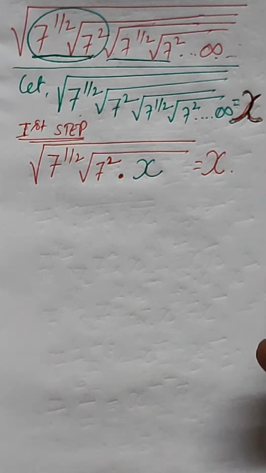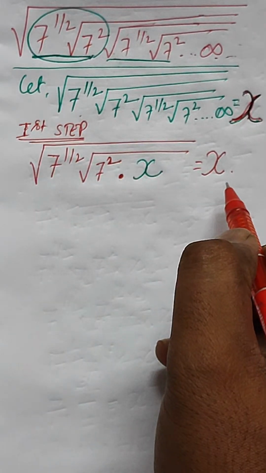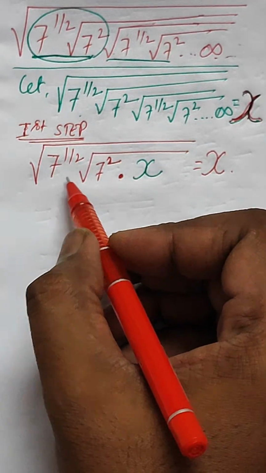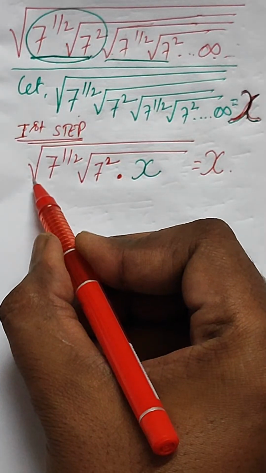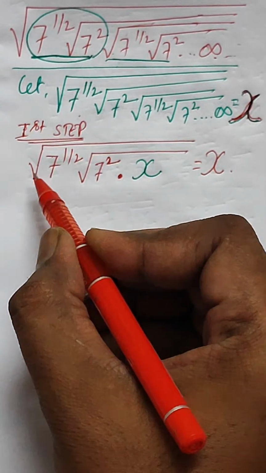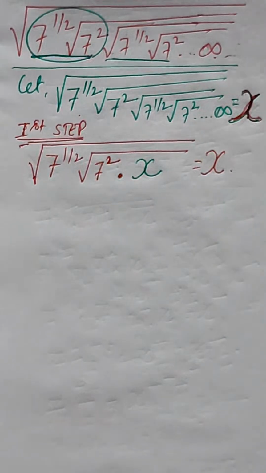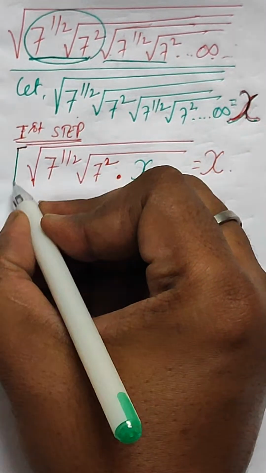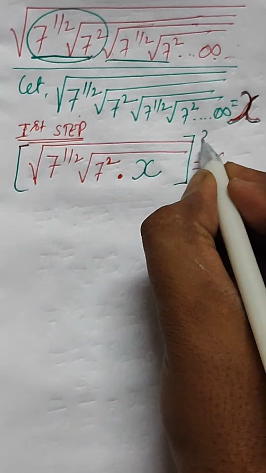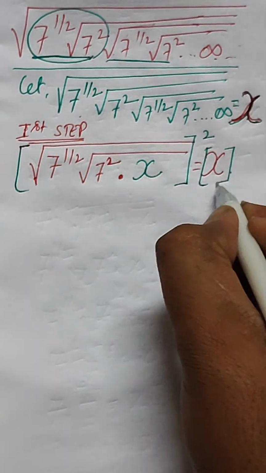Now we will solve this. Here you can see this root, start solving and start eliminating this root. First of all, in this step, we'll take the square of the LHS and RHS.